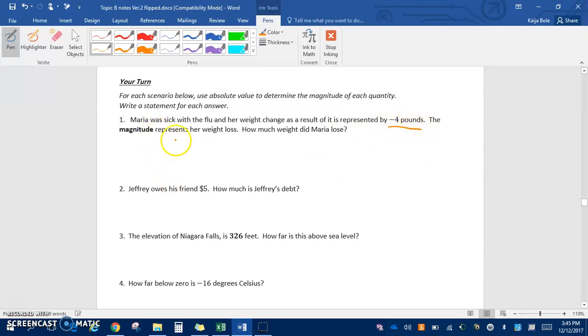The magnitude represents her weight loss. How much weight did Maria lose? Magnitude means take the absolute value, the absolute value of negative 4, which is just 4 because it's 4 units away from 0. To answer the question, we would say that Maria lost 4 pounds.